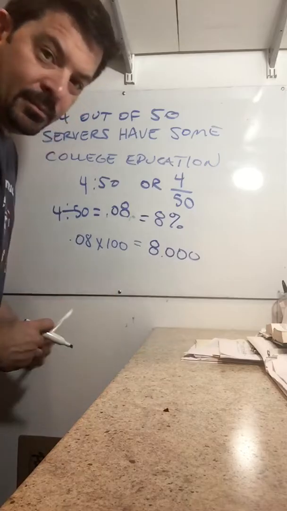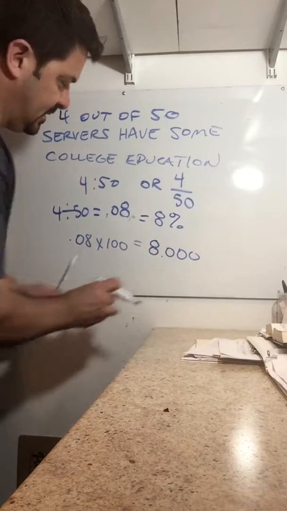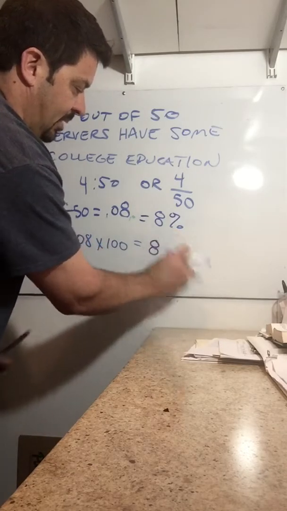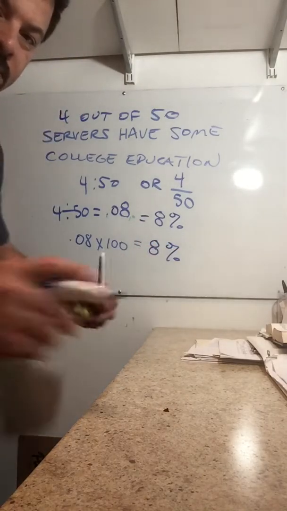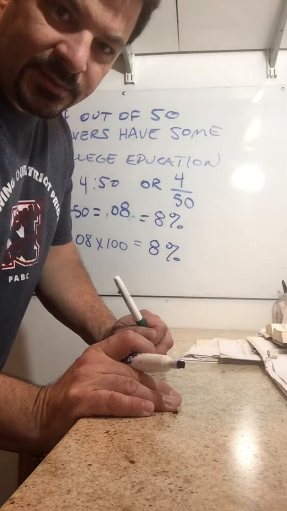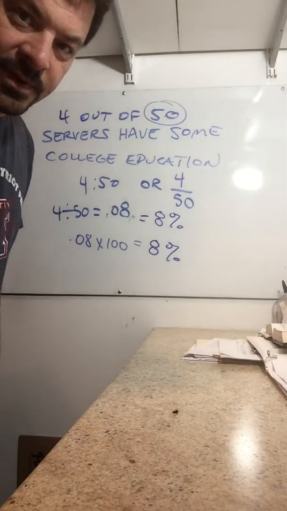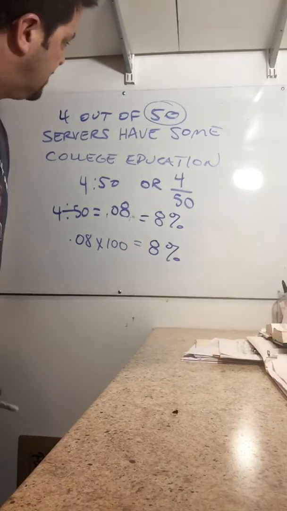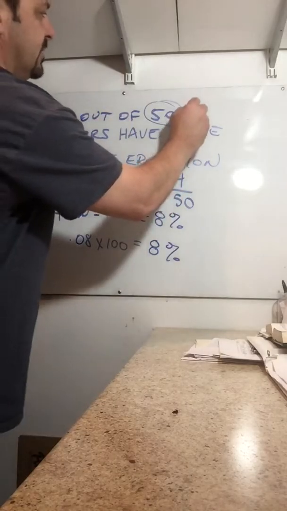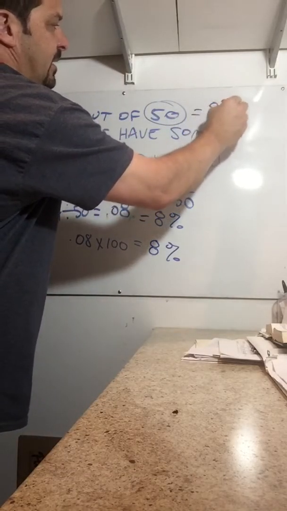It doesn't matter. 8.0 and 8, same number. Okay, so now we know 8% of the people that were surveyed. So 4 out of 50 equals 8%.